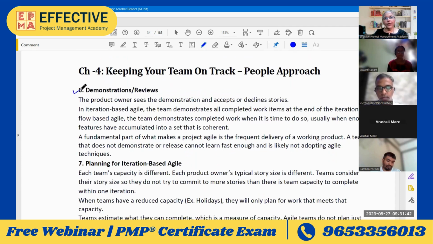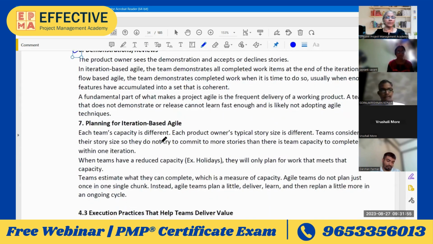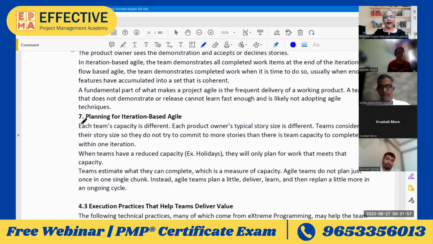Demo or review happens on the last day of the iteration. The customer, that is the PO, the team and the facilitator sit together and check the work that is completed by the team.